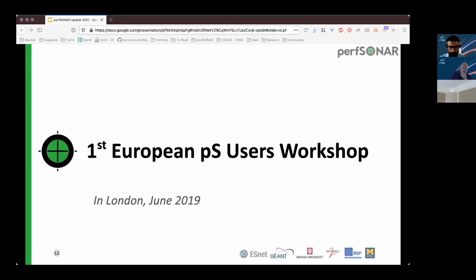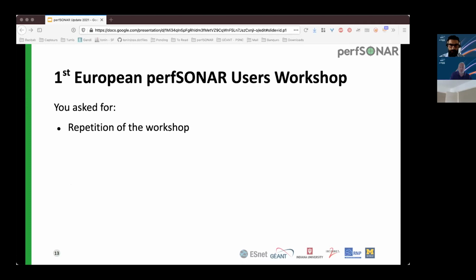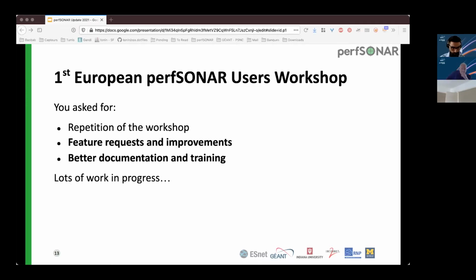But now let's have a closer look at the first European perfSONAR user workshop that we had in London. So you asked for a repetition of this workshop, but if we look at the conclusion of the workshop, we also see that you asked for new features and improvements, and you asked for better documentation and some training and some help in deploying and managing perfSONAR.